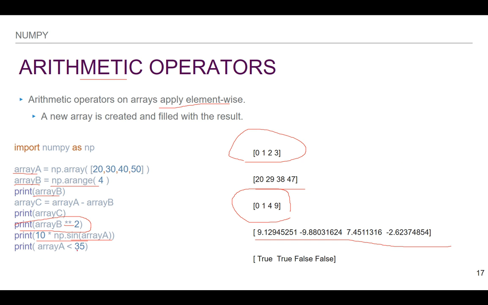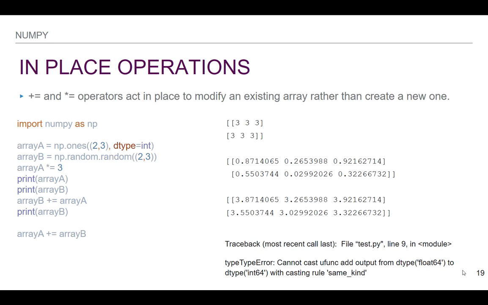And array A less than 35 gives the Boolean of this array, which is true, true, false, false. In-place operations are those operations that work directly on the array or the data structure. They do not create a new array and return it. Let's take a look at this example.